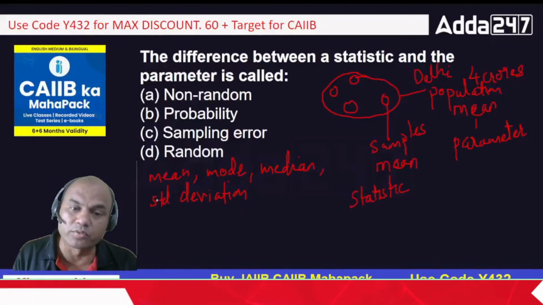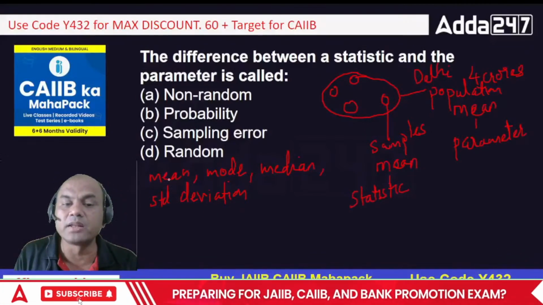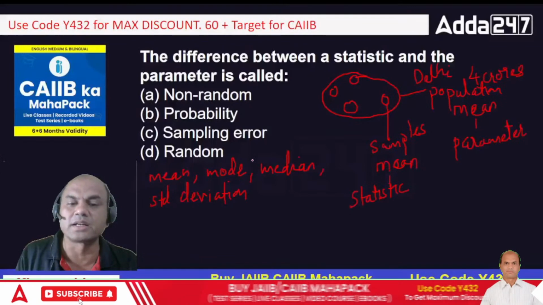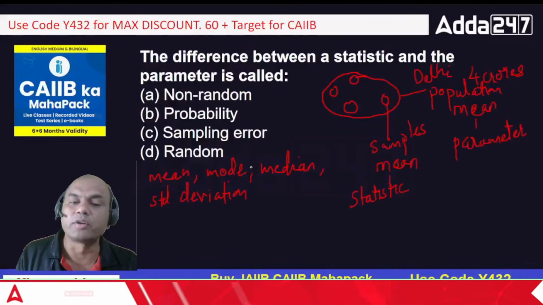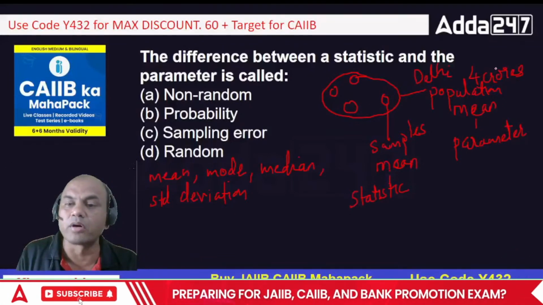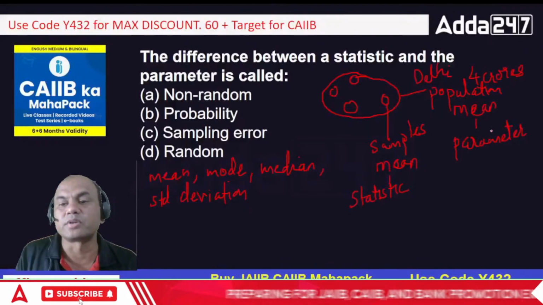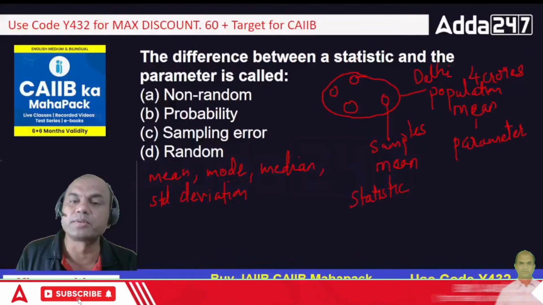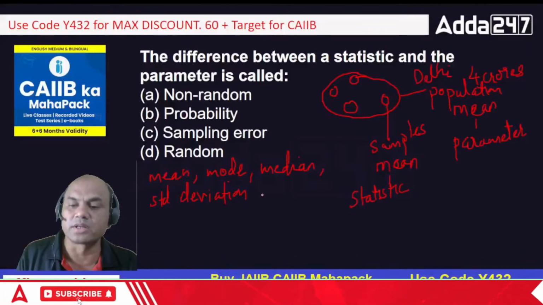If I am finding it for the sample, then mean of sample is called statistic, mode statistic, median, everything statistic for the sample. If I am finding the same for the population, then it is called as parameter. Now the question is, the difference between the statistic and the parameter is called as, means what?